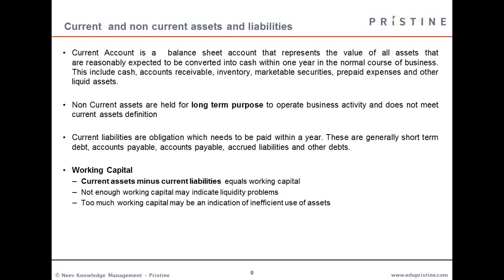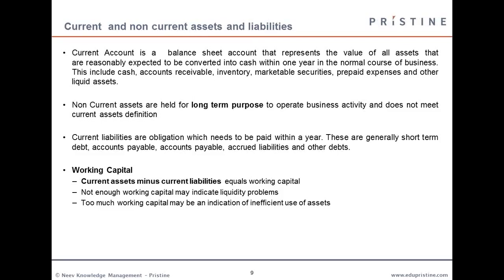Now, as I said, we classify the assets and liabilities into current and non-current assets and liabilities. The current accounts are the ones which, as I explained, are expected to be converted into cash within 1 year in the normal course of business. In the case of assets, these include cash, accounts receivable, inventory, marketable securities, and other liquid assets.